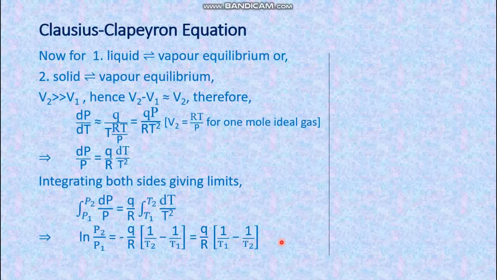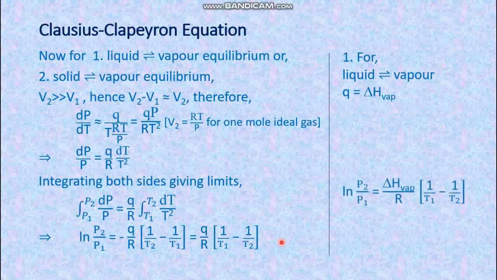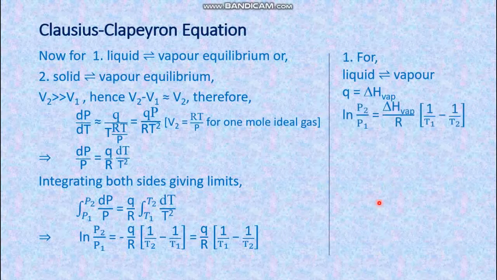Now look at what happens for liquid to vapor equilibrium. In that case, Q is the heat of vaporization. Hence the equation can be written as, for a liquid-vapor equilibrium, ln P2 by P1 equals delta H vaporization by R into 1 by T1 minus 1 by T2.